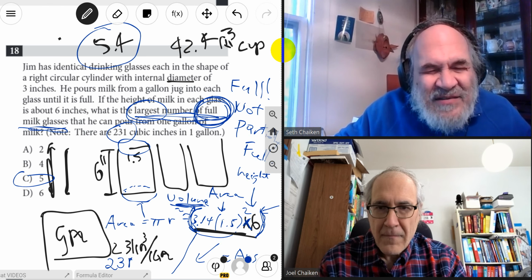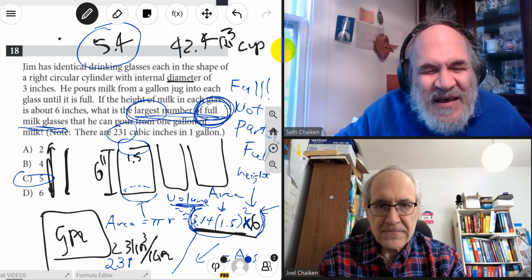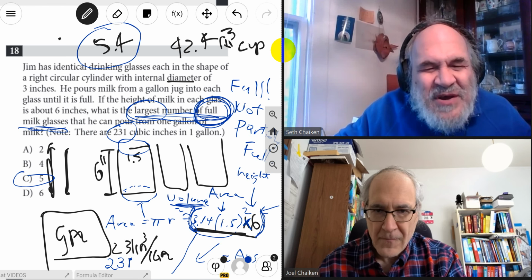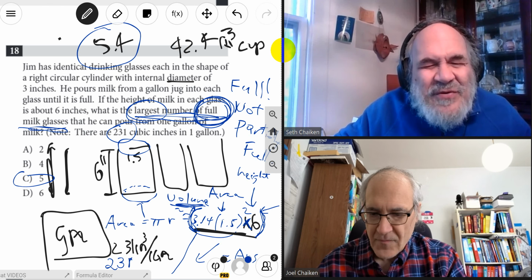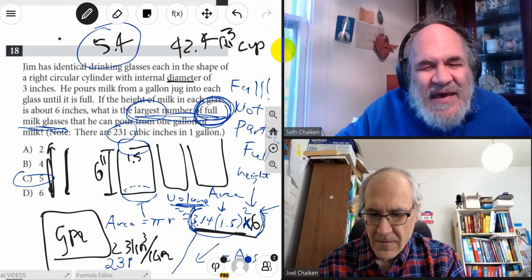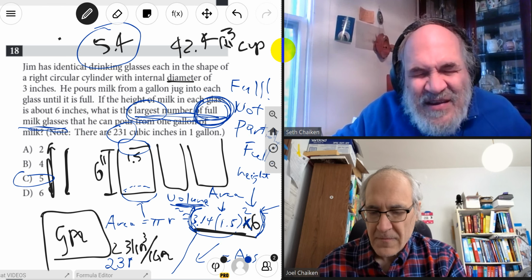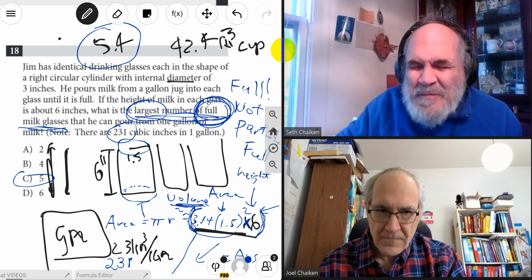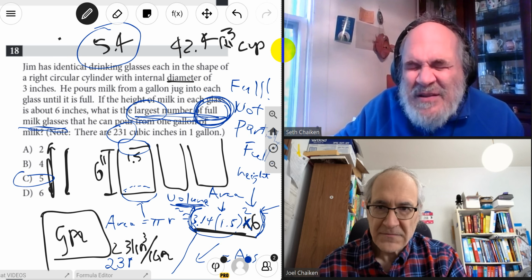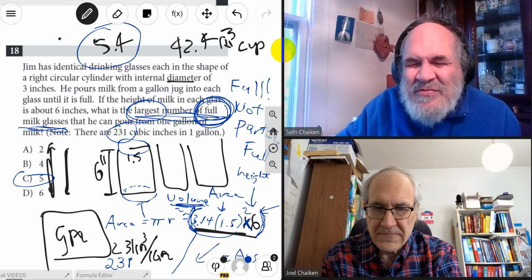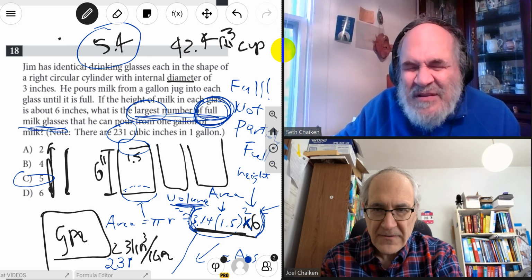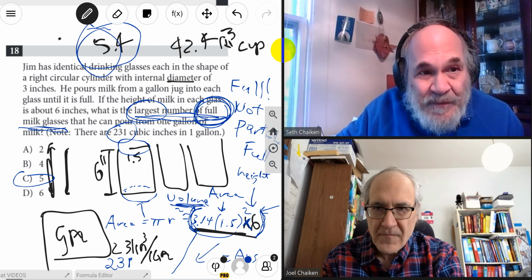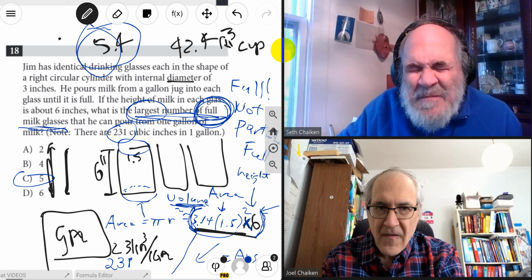That means that if you imagine filling up the glasses from the jug of milk, you'll fill up 5 full glasses, and then you put the remainder of the milk into the 6th glass. It will be only 4/10 full. It will not be completely full. So the number of glasses that have been completely filled is 5, and so the answer is 5.